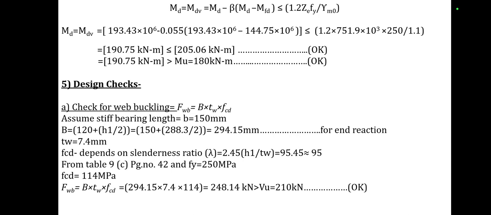TW is 7.4 mm. So FCD depends upon the slenderness ratio lambda, which is equal to 2.45 into bracket H1 upon TW, and hence it is 95.45. We are assuming it approximately equal to 95.